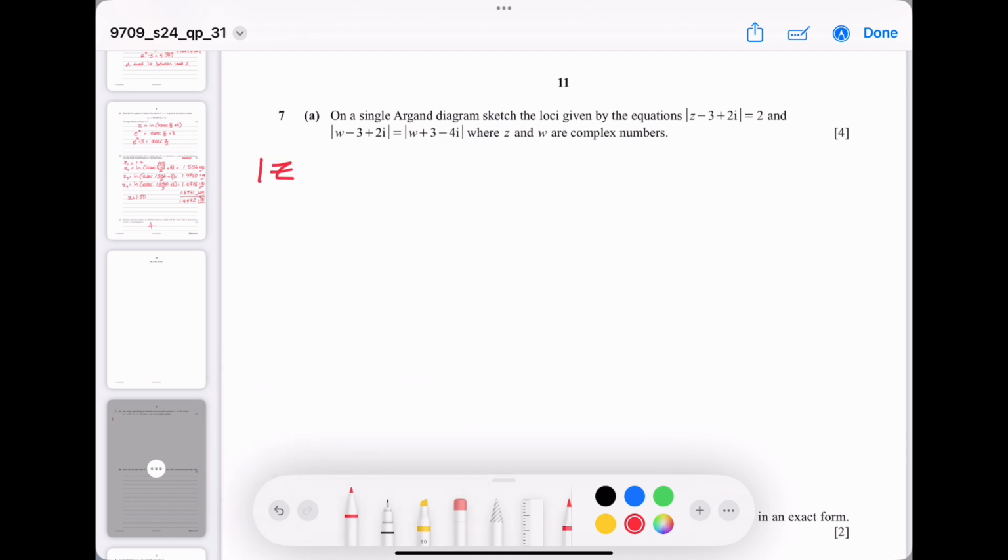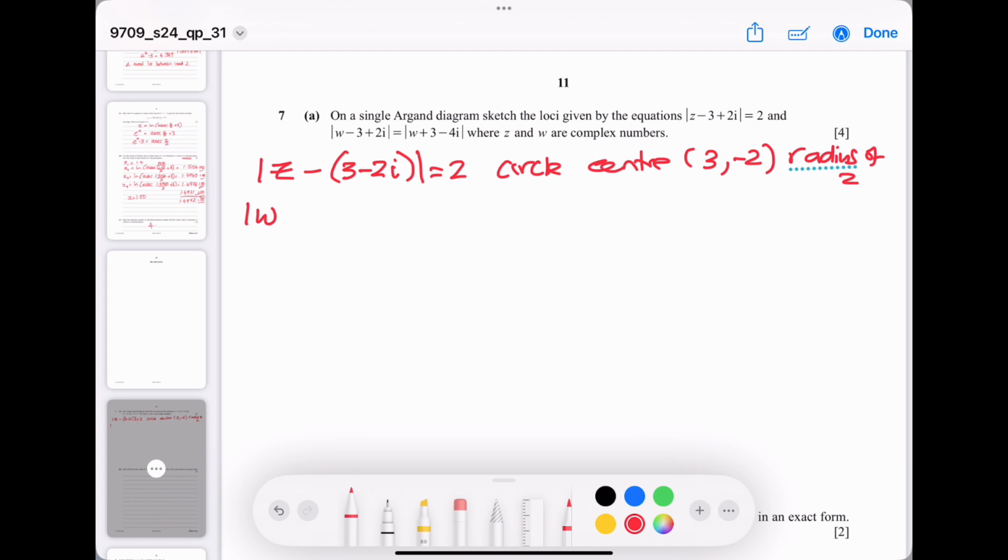Modulus z minus, I'm going to rewrite this as 3 minus 2i, would equal 2. That would be a circle, center 3, negative 2, radius of 2.